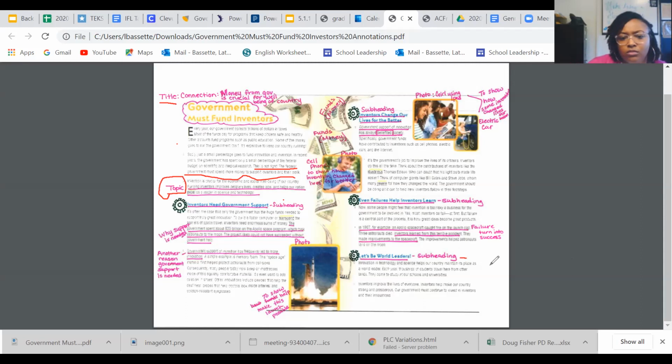And we know that if it's a persuasive or argumentative text, the conclusion is also going to have a call to action, which makes sense of why this subheading is "Let's be the world leaders." It's a call to action. Mhm.